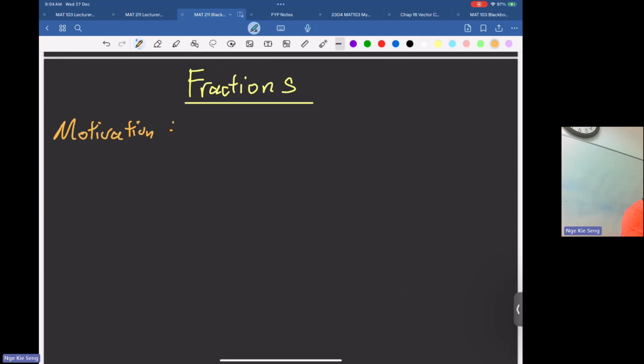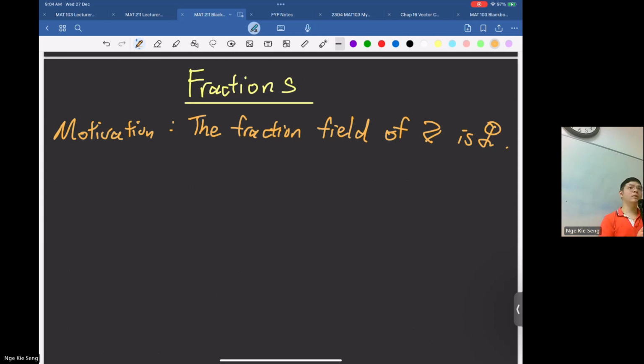So the slogan here is the fraction field of Z is the rational numbers. Note that I put field here. So meaning, if I take the fraction of something, it should be a field. What's the difference between a field and a ring? All the non-zero multiplicative elements are invertible.